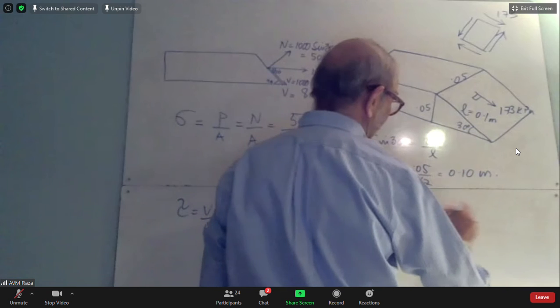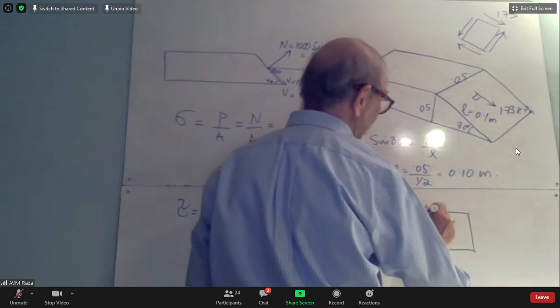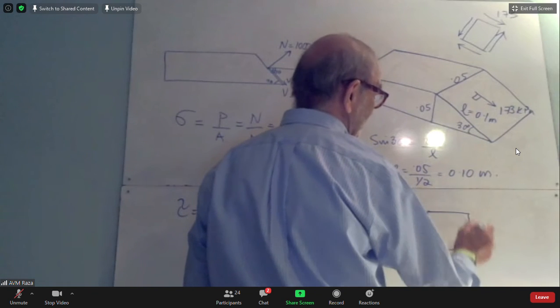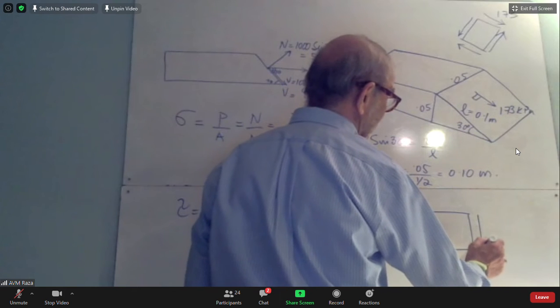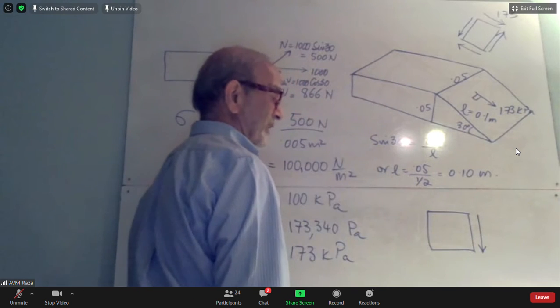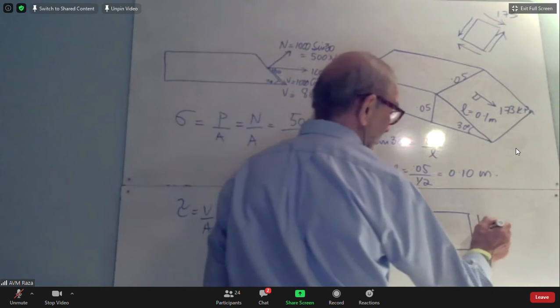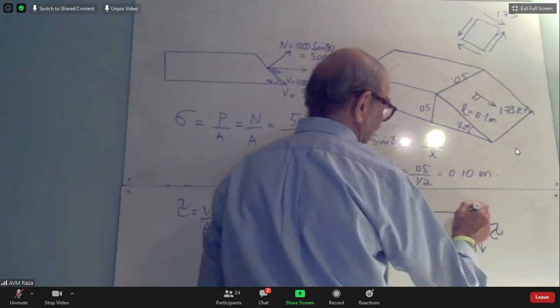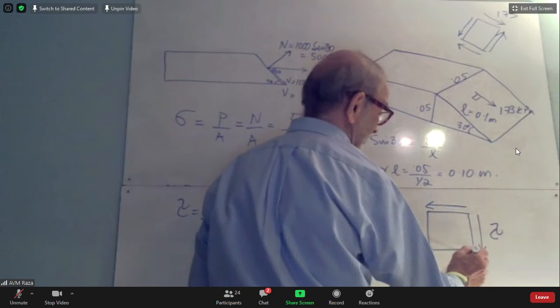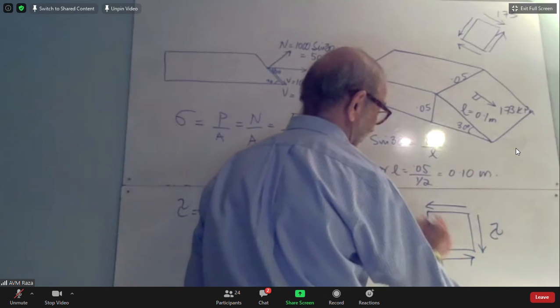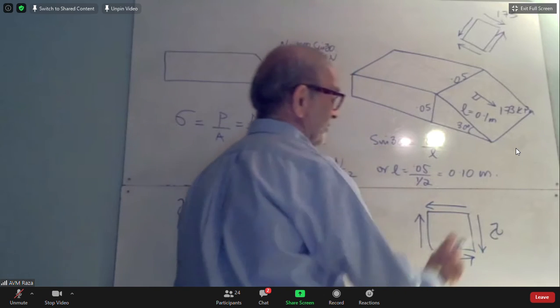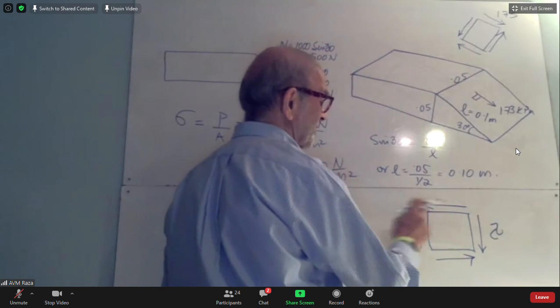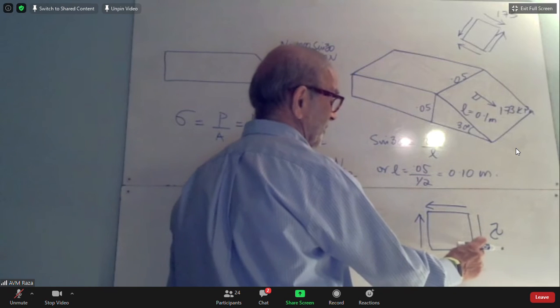If you have an element, then the right face downward is considered a positive shear stress. This is considered a positive shear stress, and this will result in these other stresses. So left face upward is positive, right face downward is positive.